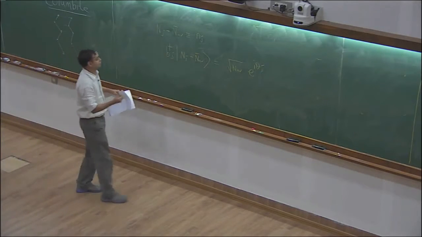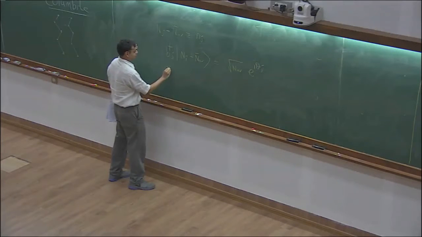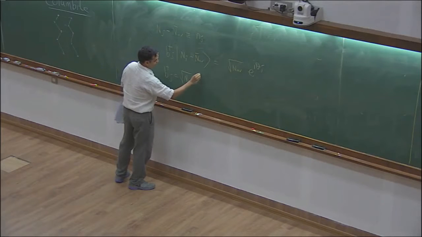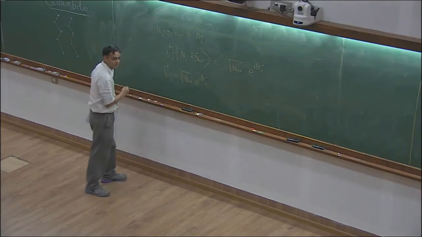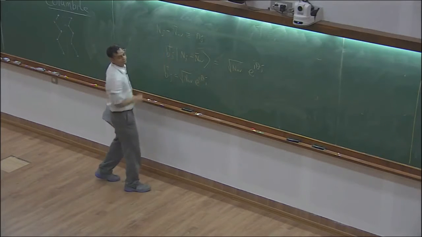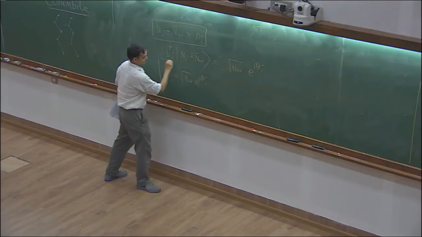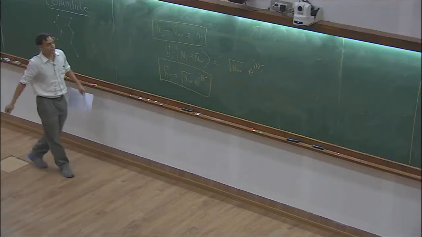This is an approximate operator identity, a true statement. And this and this are my tools to simplify the problem.